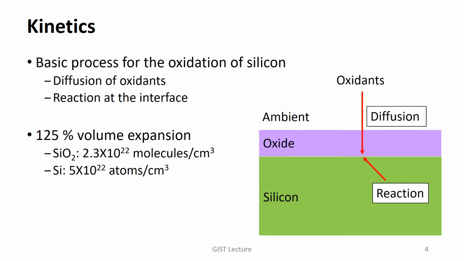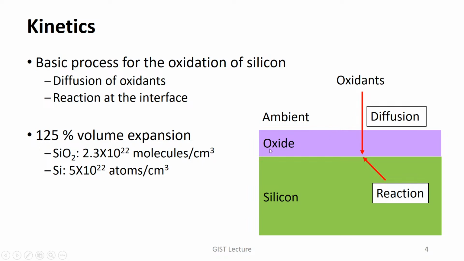Now let's consider kinetics, and this diagram can be helpful for understanding the procedure. Here we have the ambient and oxidants. In the case of wet oxidation, this is water vapor, and in the case of dry oxidation, it becomes the oxidant gas.